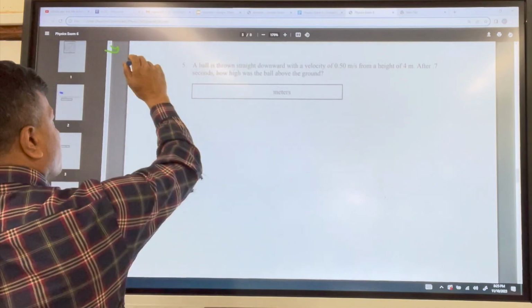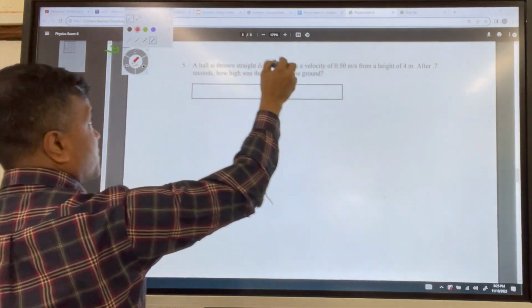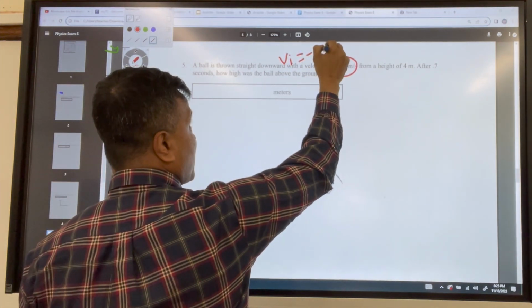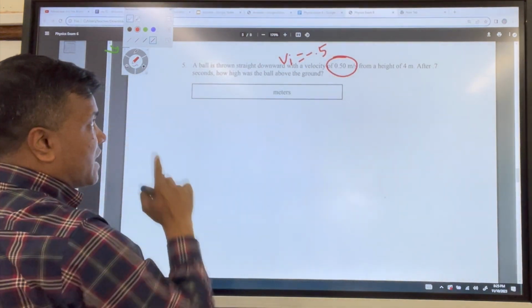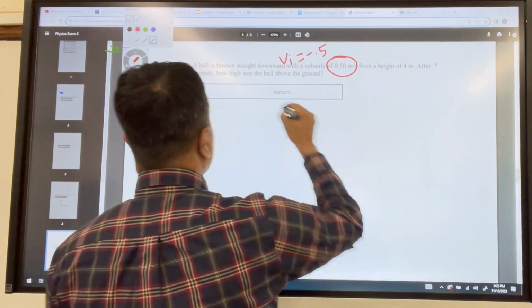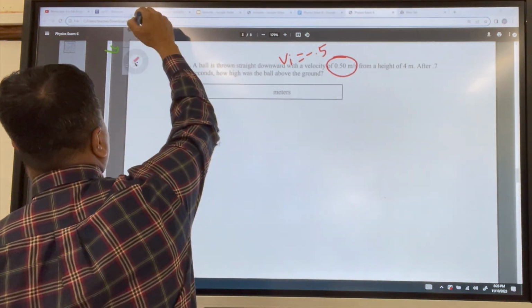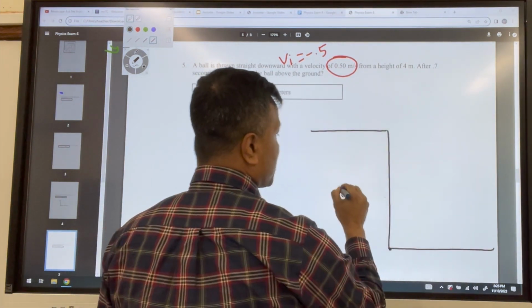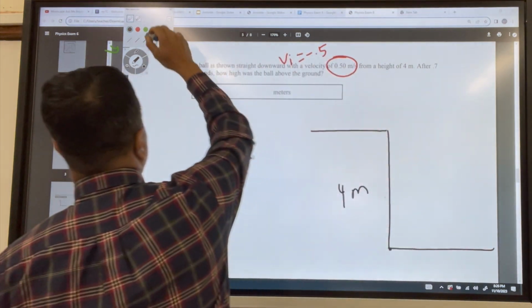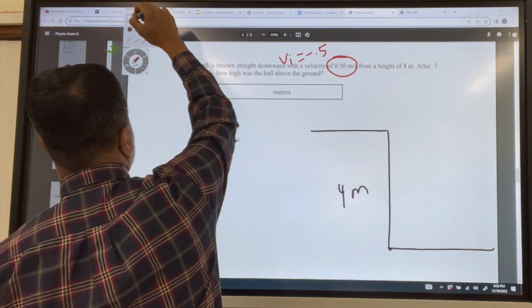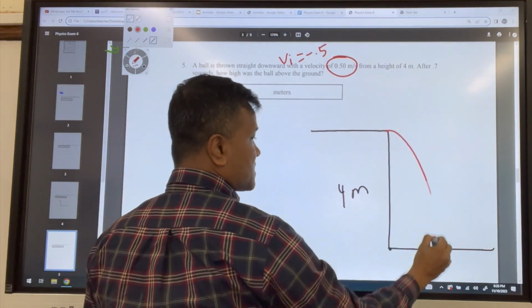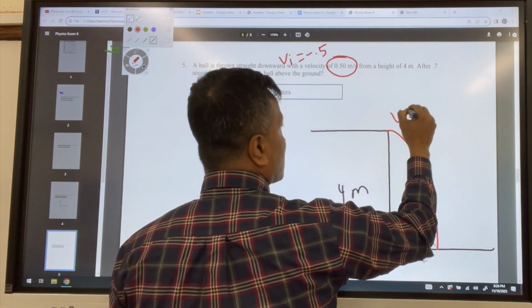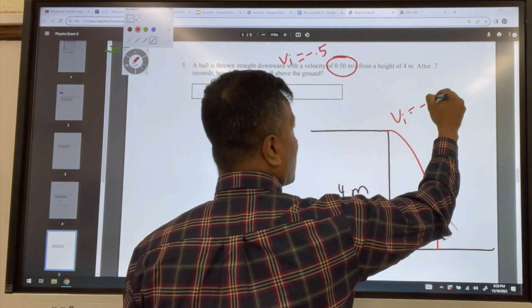Downward, many people made mistakes with this downward. Downward means negative, so initial velocity is negative 0.5. Let's draw something: 4 meters above the ground, and you throw down an object from this height with initial velocity negative 0.5 meters per second.